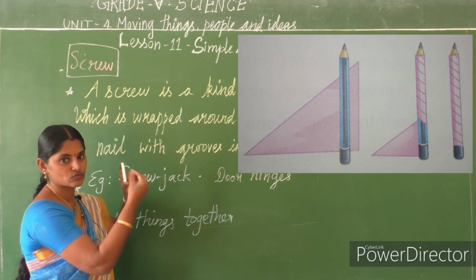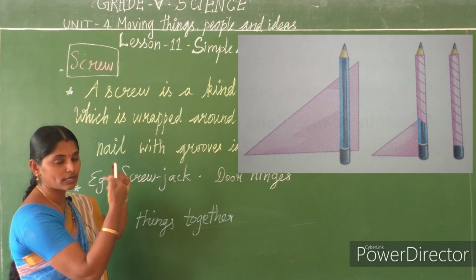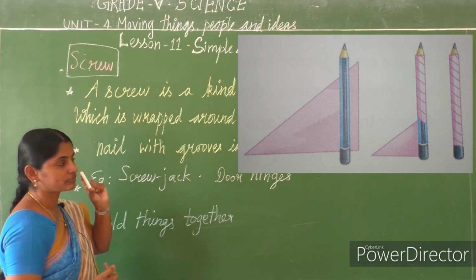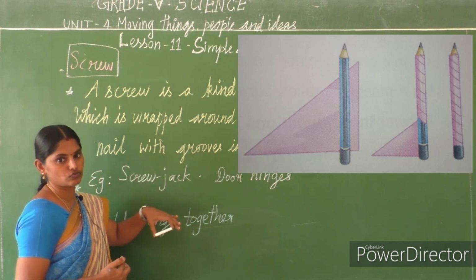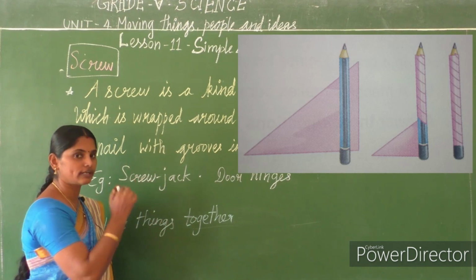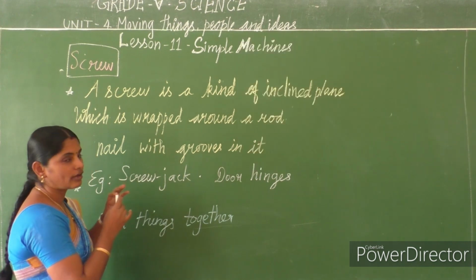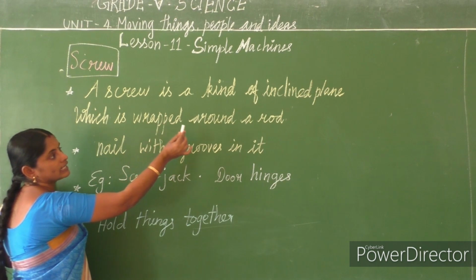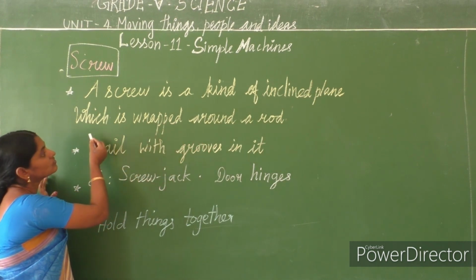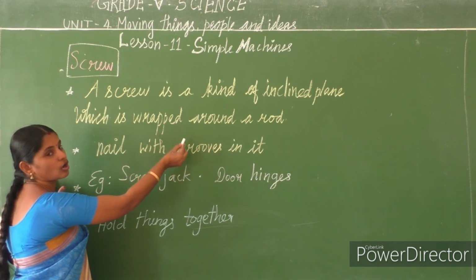The ridges will be there and the groove will be arranged like that. This one we will do in our activity video. Next to this video I will give an activity video where we will do that. Now you listen to the content. A screw is a kind of inclined plane which is wrapped around a rod.